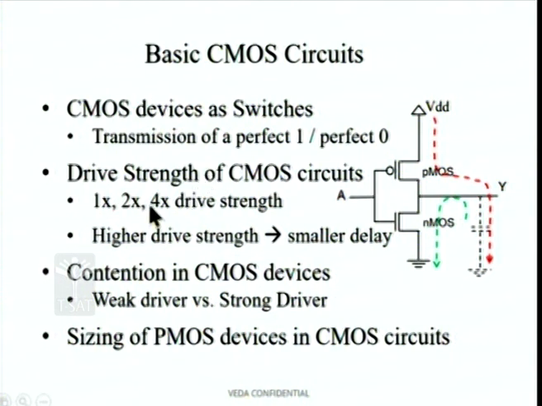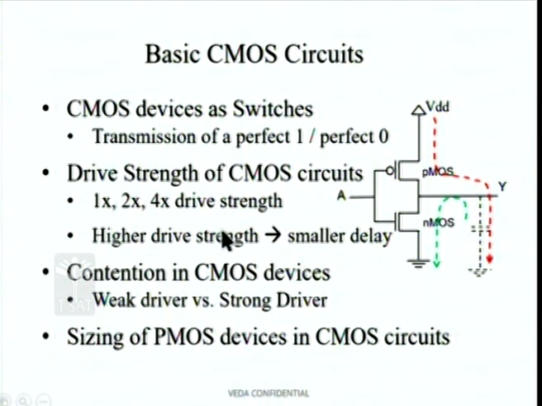Now, you might ask, why do we need to have so many drive strengths? Well, it's like this. When the synthesis process happens, by default 1x drive strength is chosen, but if it is not able to meet the timing requirements, then a higher drive strength is chosen, because a higher drive strength, as I said, implies smaller delay. Smaller delay means higher frequency of operation.